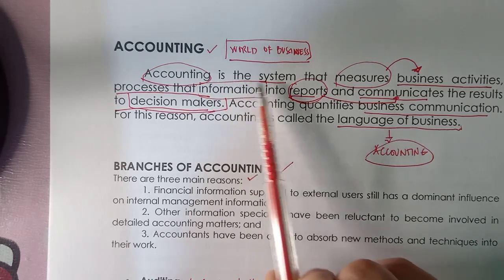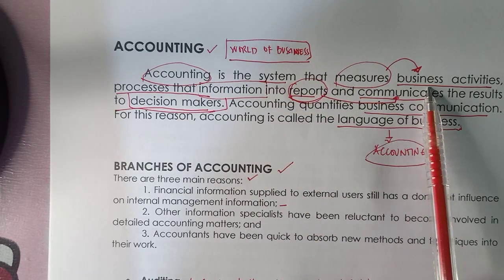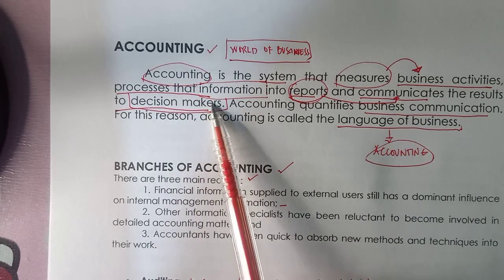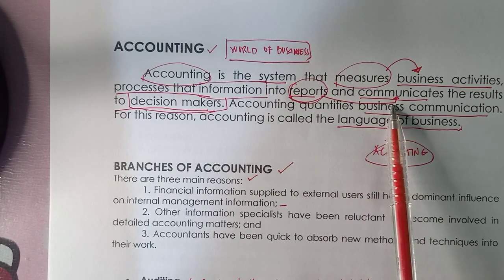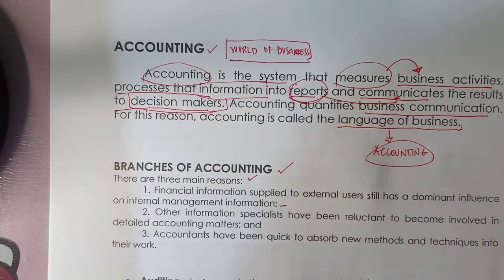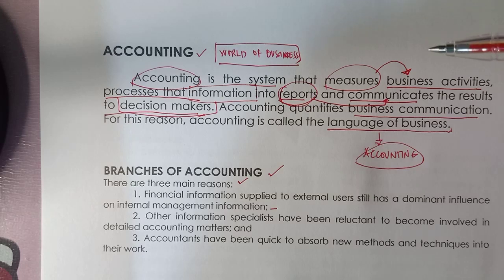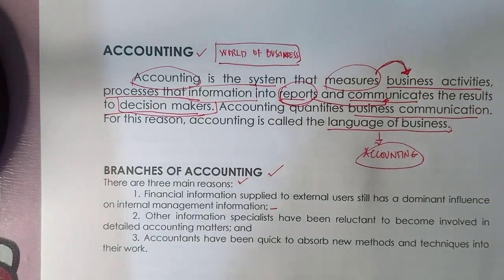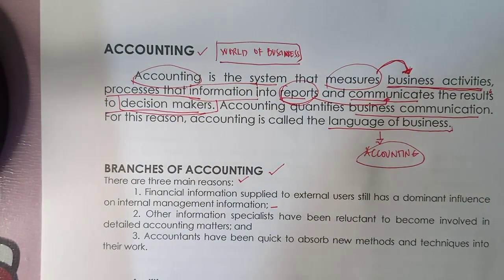Accounting is the system that measures business activities, processes that information into reports, and communicates the results to decision makers. So, let's go through it one by one. When we say accounting, what does accounting measure? It will measure business activities.